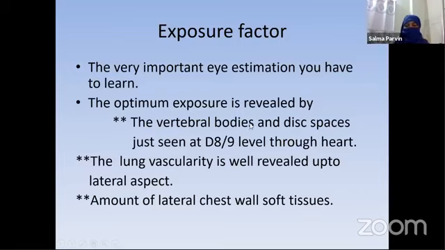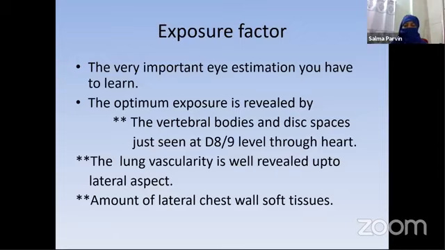If these vertebral bodies are not seen at all, you can conclude that this X-ray has a substandard exposure, or is an underexposed film. And if the spine is seen much more than just seen, you have to conclude that this X-ray is overexposed.